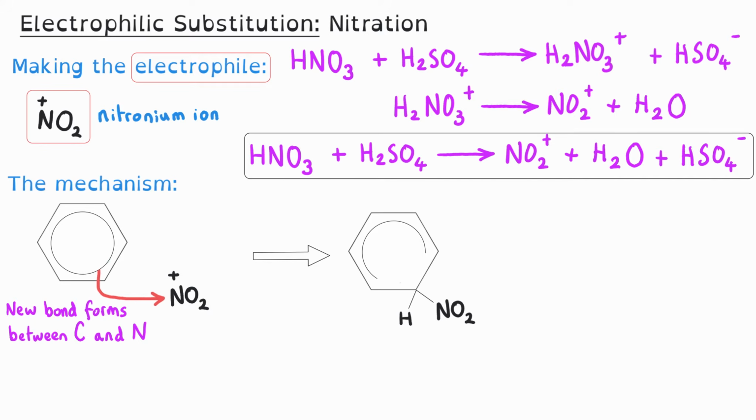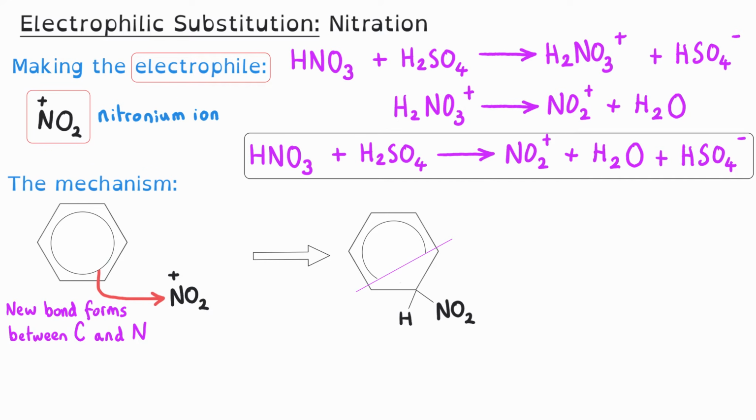Now, there's 2 really important features of this intermediate. First of all, the delocalized pi cloud has been partially broken because those 6 electrons have now become 4, because 2 of the electrons in that pi cloud are now involved in the bond between the carbon and the nitrogen. And so there's only 4 electrons there. And so the ring that was representing all 6 of those electrons needs to be incomplete.